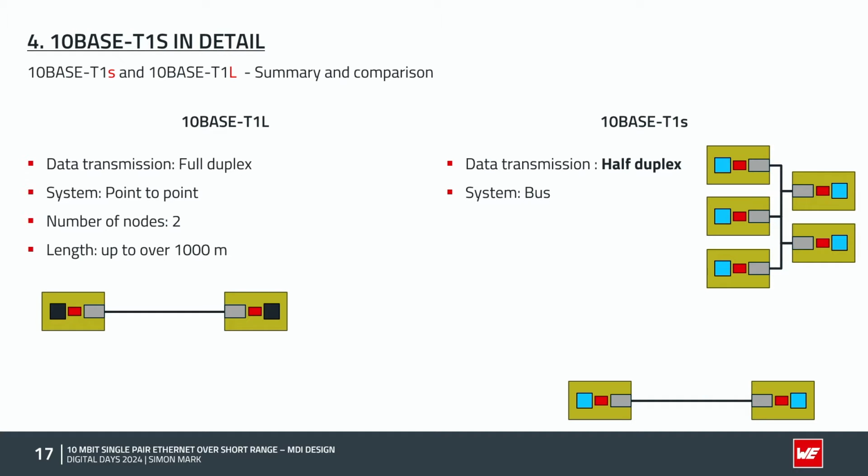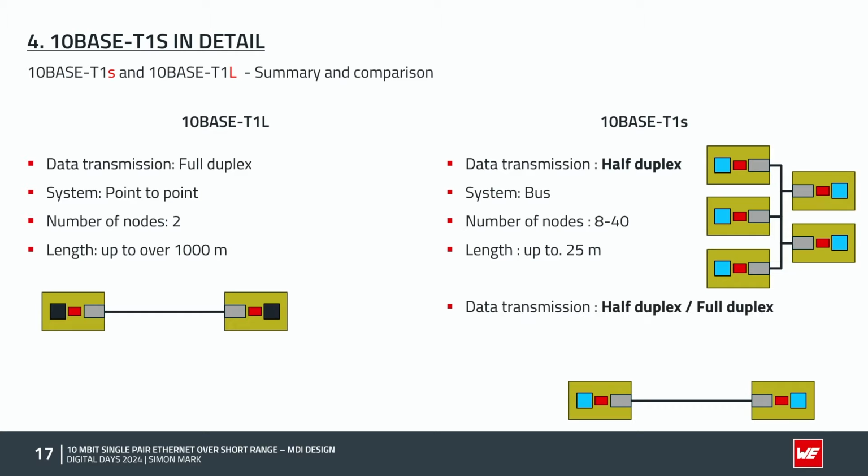The system is a bus, not point-to-point. We can establish from 8 to 40 nodes, so you can use lots of nodes on the line, and the length can be up to 25 meters. Some IC manufacturers talked about longer ranges, but according to the standard, it is up to 25 meters.